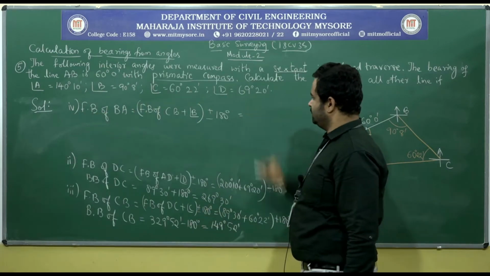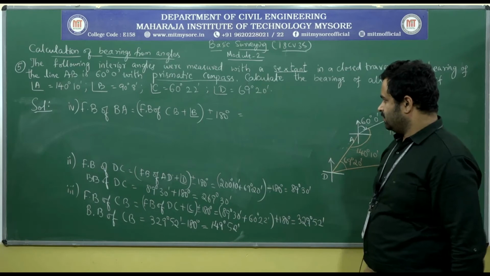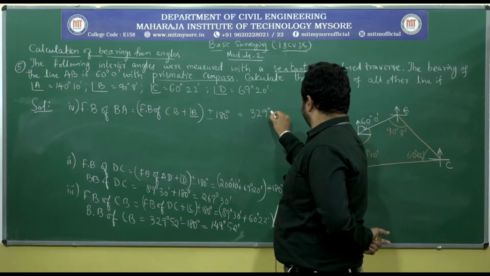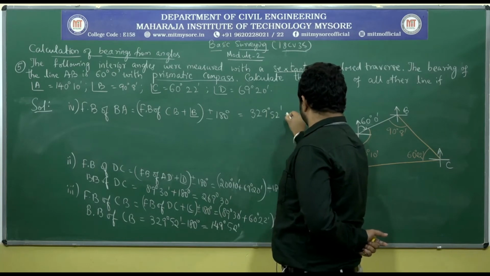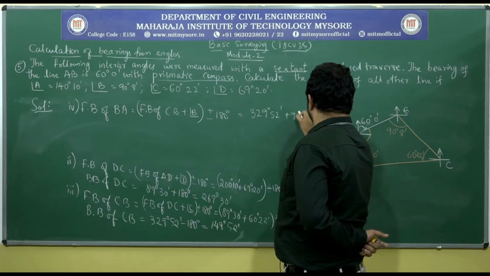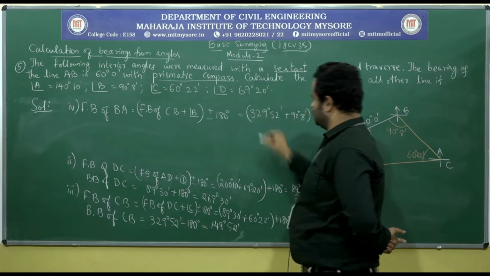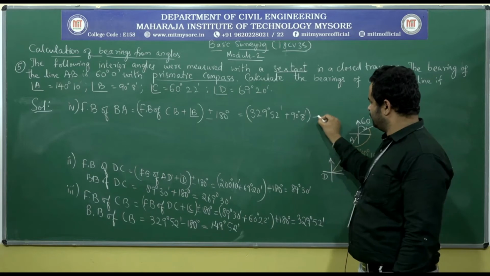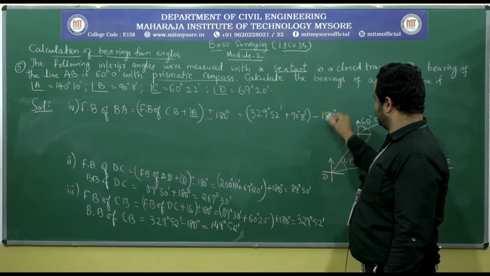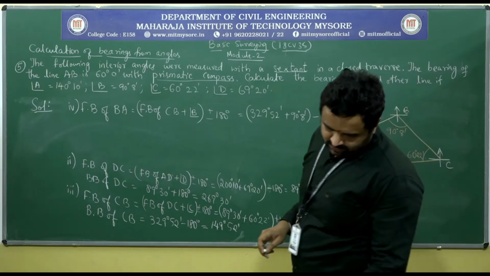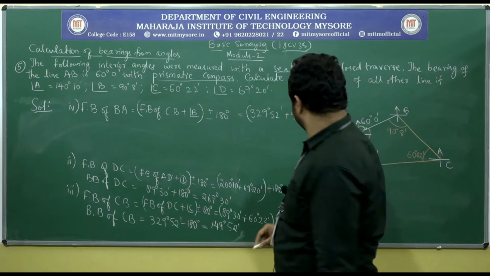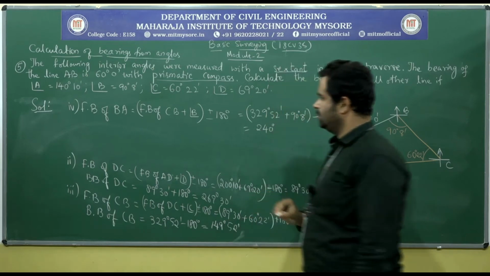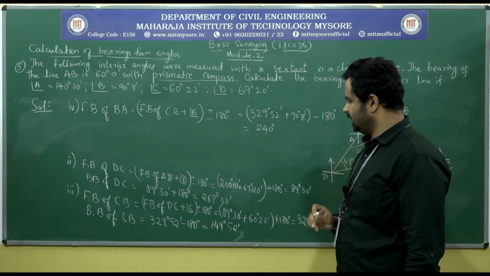So what is the forebearing of the line CB? It is 329 degree 52 minutes plus 90 degrees 8 minutes. Will you get more than 180? Yes, of course. Therefore you should use the minus sign here. So you will get 240 degrees, which is the forebearing of BA.